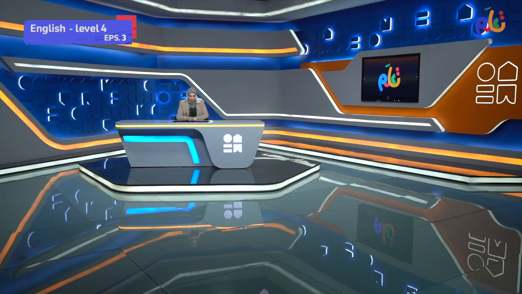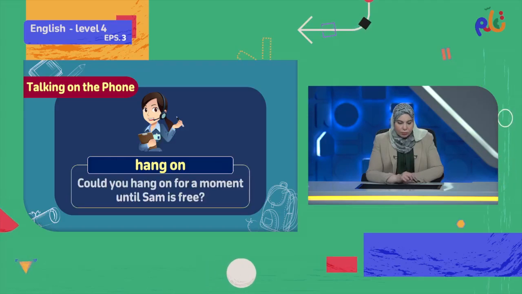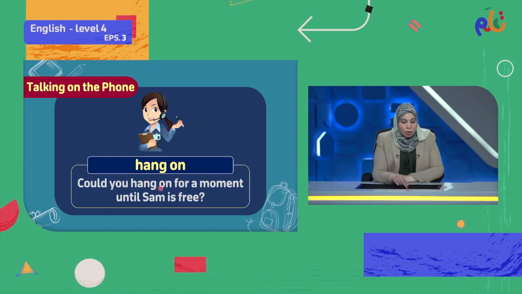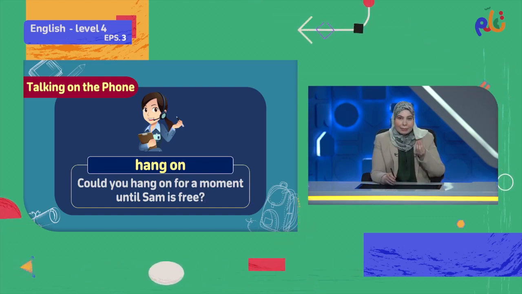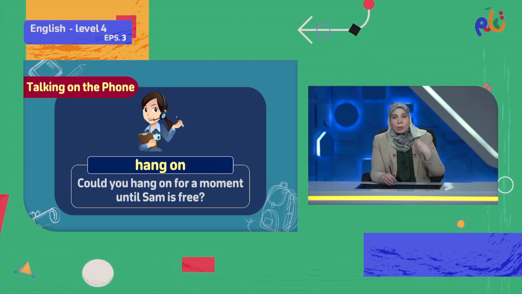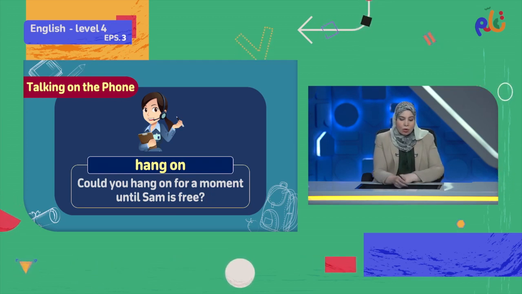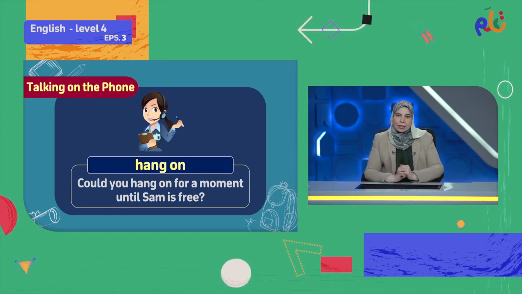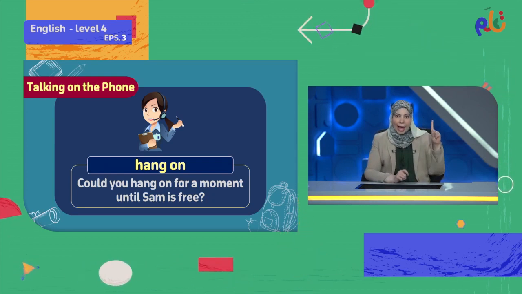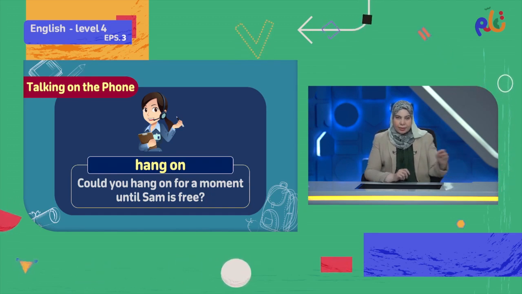So let's look at the example. Could you hang on for a moment until Sam is free? So it means, could you wait for a moment until Sam is free? So hang on means wait, don't end the call. So hang, and after hang we put on, wait.